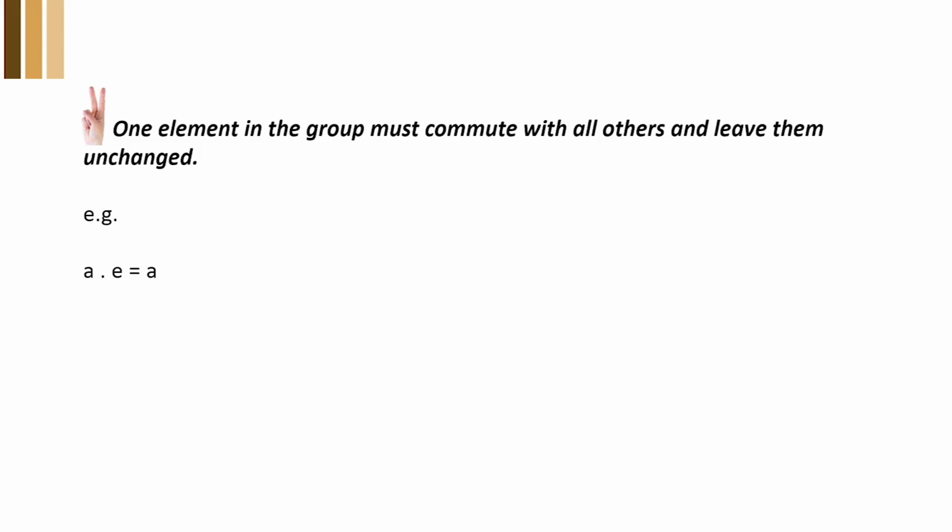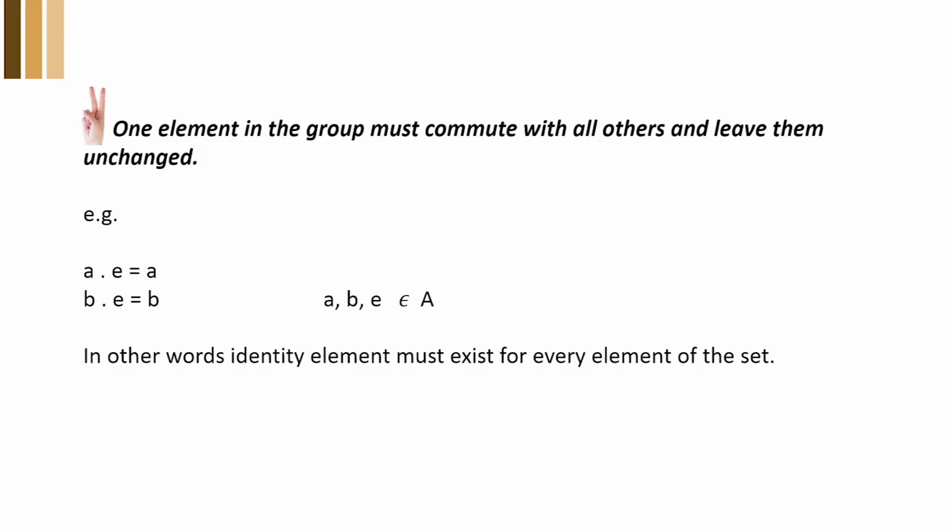Just like in mathematics, if you multiply any number by 1, you get the same number. Similarly, E is the identity element here. What should be multiplied with B so that the answer is B? That is identity E, and so on. It should be noted that all these elements should belong to the set. In other words, an identity element must exist for every element of the set. This was point number 2.